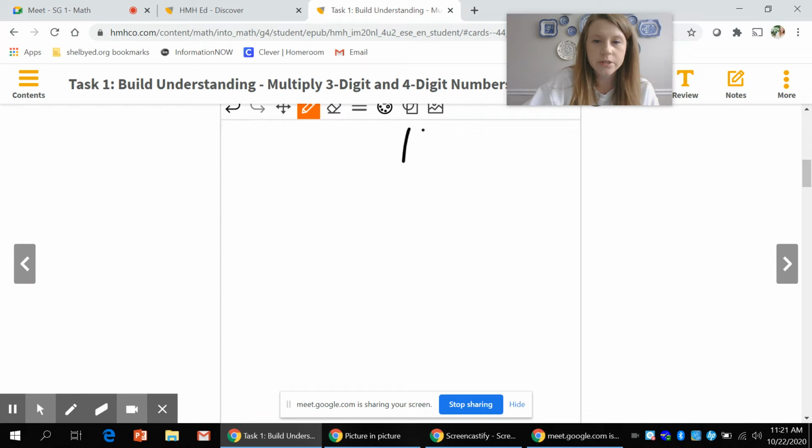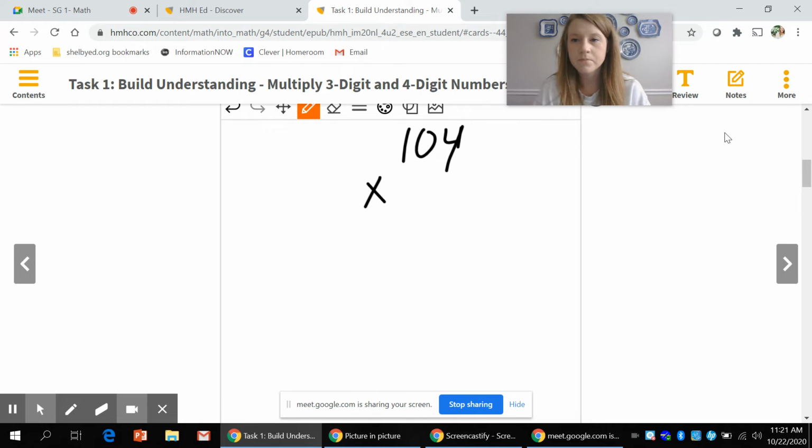So 104 is going to go up here times, and what are we multiplying 104 by? 3. Okay, so is that 3 ones, 3 tens, 3 hundreds? It's 3 ones.